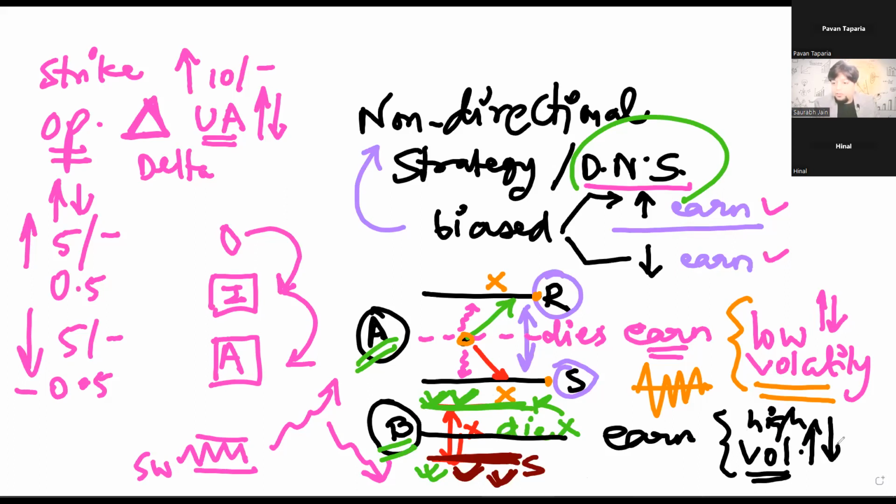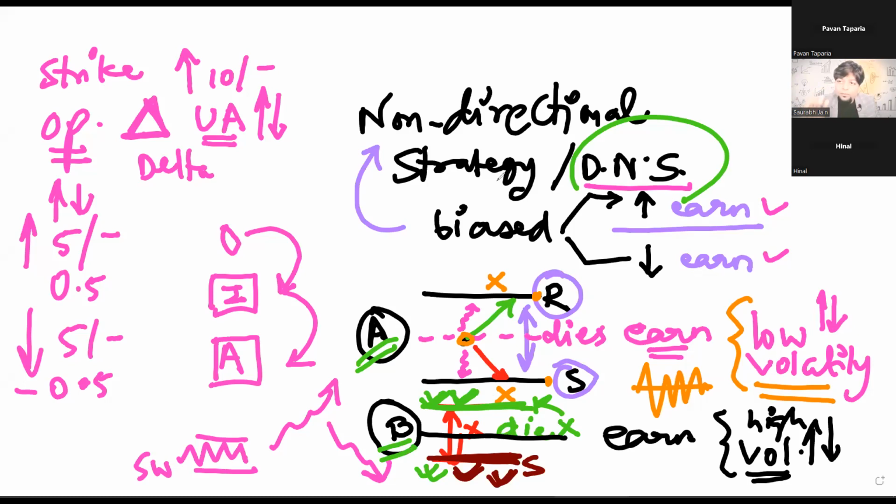Let's say a situation where budget results are coming in, or election results are coming in, or a big economic decision or policy is going to come in. Or there is some kind of geopolitical risk, or a natural catastrophic event, a COVID type of event.